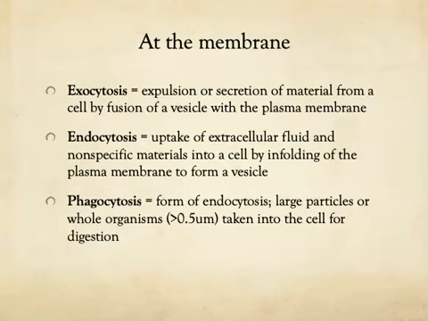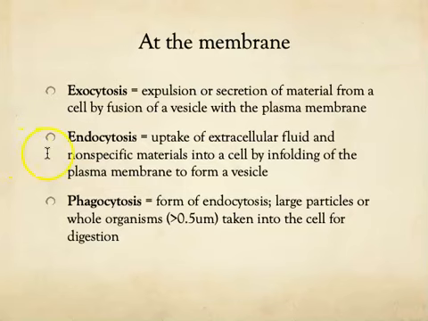Now, let's look at some definitions for these terms that we're going to be talking about today. The term exocytosis refers to the expulsion or secretion of material from a cell by fusion of a transport vesicle with the plasma membrane. Endocytosis, in comparison, refers to the uptake of extracellular fluid and non-specific materials into a cell by infolding of the plasma membrane to form a transport vesicle.